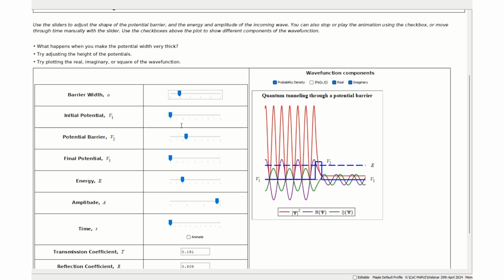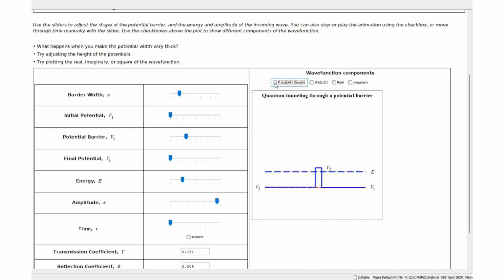Then I'll ignore the imaginary part. So here you can see probability density, everything is absent. Okay, so the initial potential V1 you can change, the barrier potential V2 you can change, then V3 can also be varied.